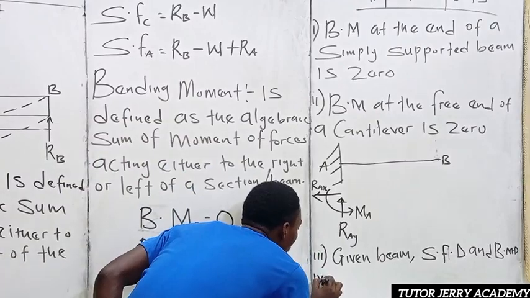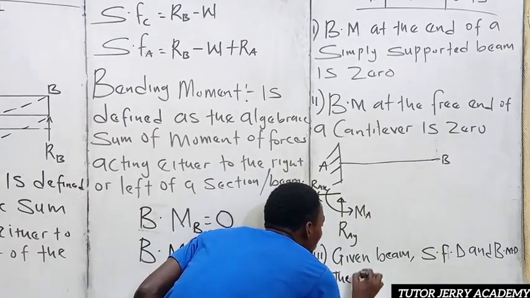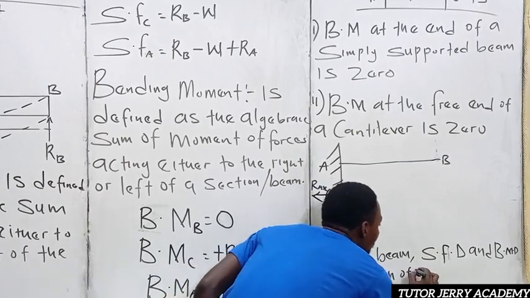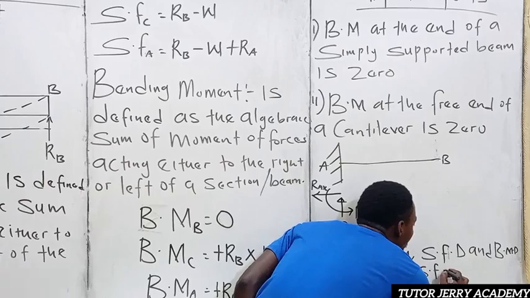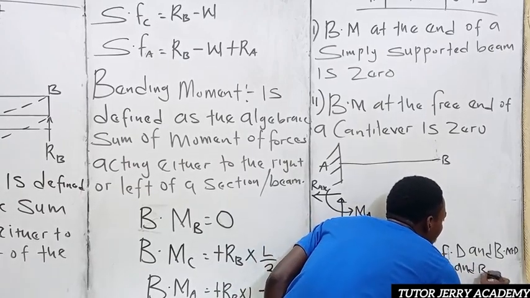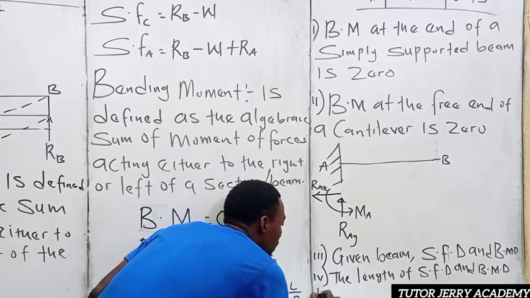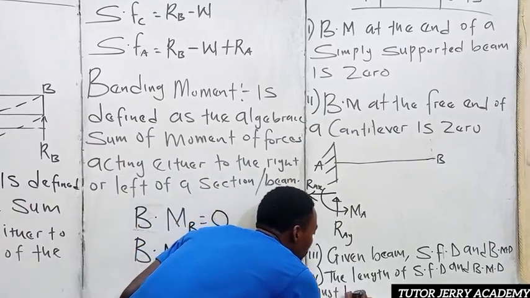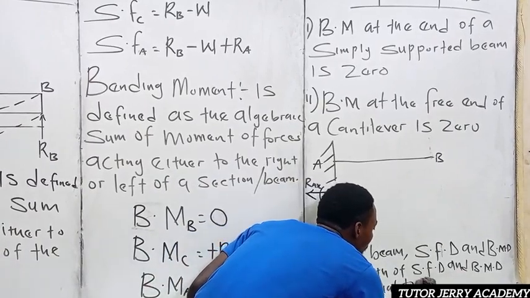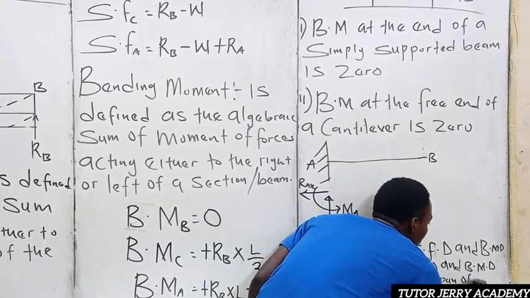So the length of the shear force diagram and bending moment diagram must be equal to the span of the given beam.